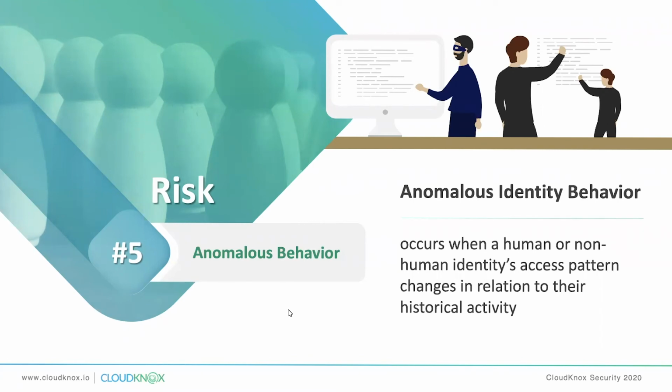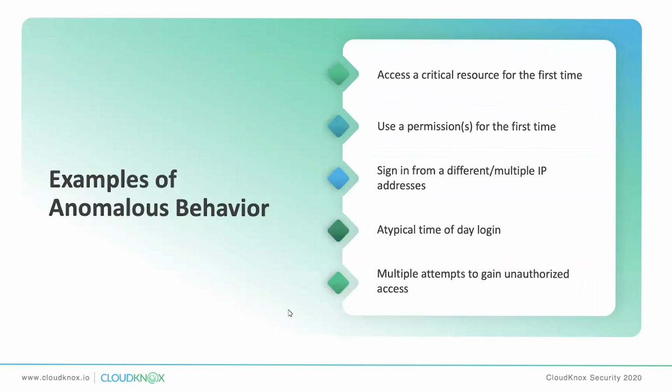An identity that is suddenly executing a high-risk task or accessing critical resources that had never been accessed before can potentially be malicious. When you think of an identity and the pattern of activity associated with that identity, generally speaking, that pattern of activity will be consistent over time. It is when the outliers occur or that pattern of activity changes that the anomaly occurs.